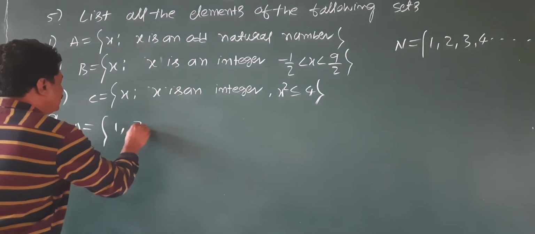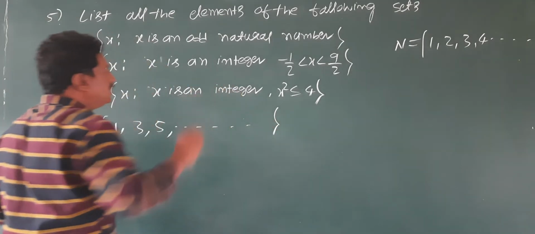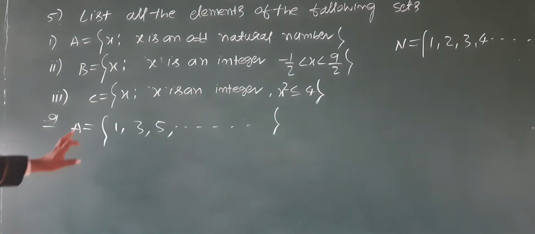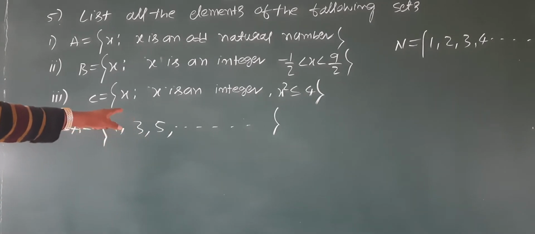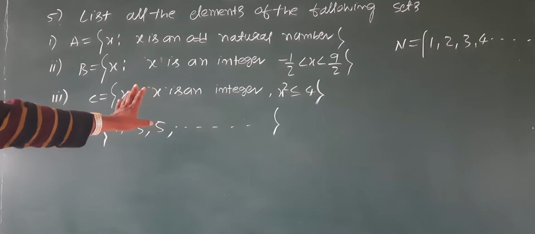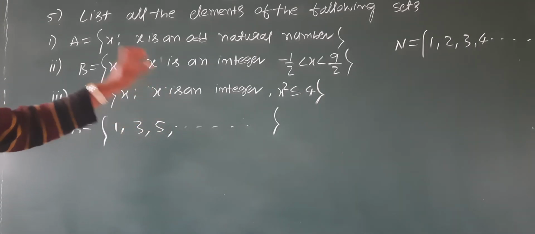So 1, 3, 5, and so on. This is the required set, students. Elements are being listed. This is called the roster method or listing method.